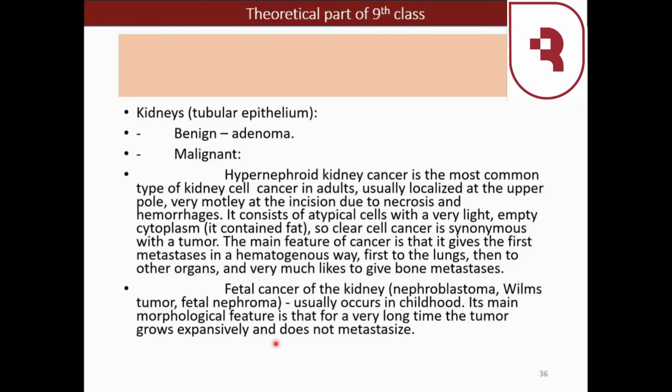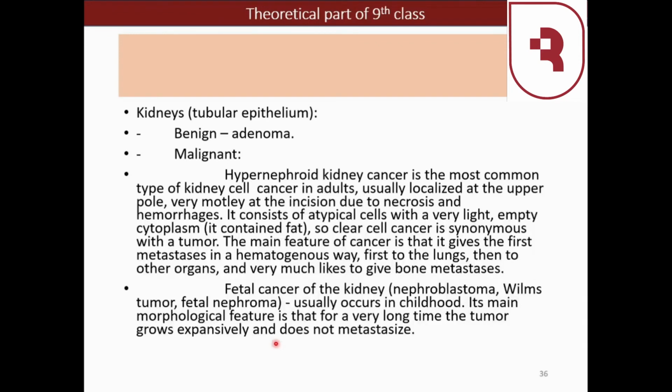In the kidney, we will see a benign form, or adenoma of the kidney, and there are different malignant tumors of the kidney. It may be hypernephroid kidney cancer, and it is one of the most common types of kidney cancer in adults, usually localized at the upper pole of the kidney.